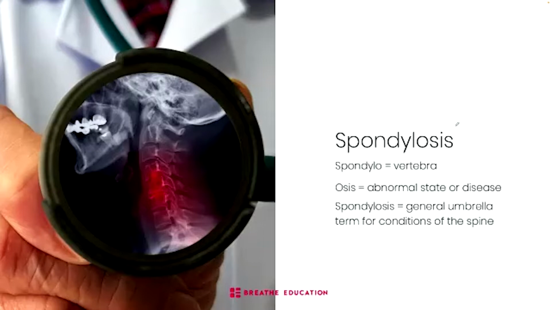Right? It's like saying you have an illness. It's not a diagnosis, it's a generic term. So spondylolisthesis is a form of spondylosis. Disc bulge is a form of spondylosis. Non-specific back pain is a form of spondylosis. Arthritis of the spine is a form of spondylosis.